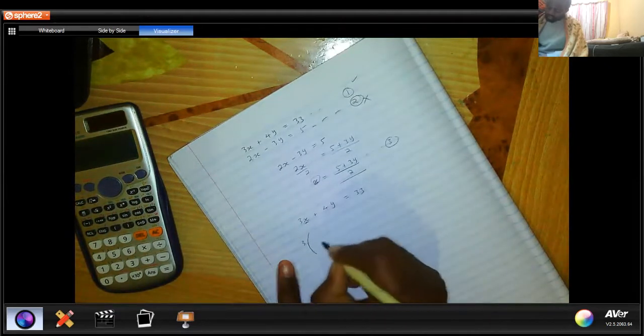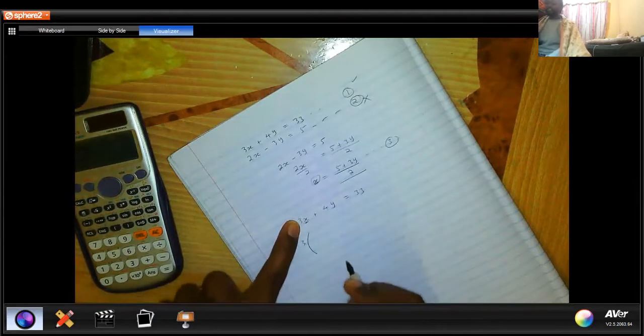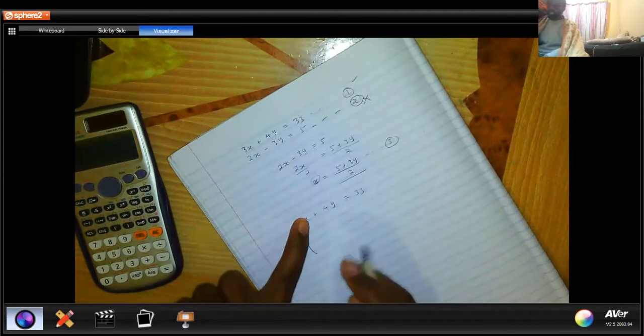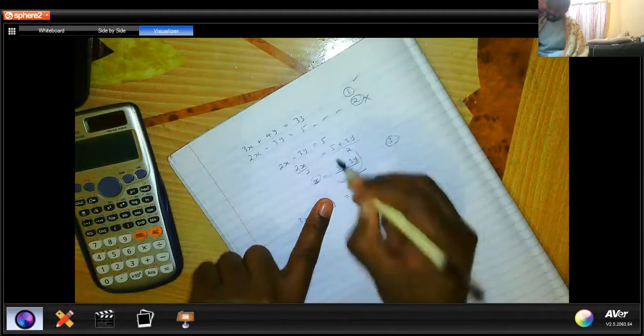So we've got 3. Remember, 3 multiplies everything that is x. What is everything that is x? This is everything that is x.